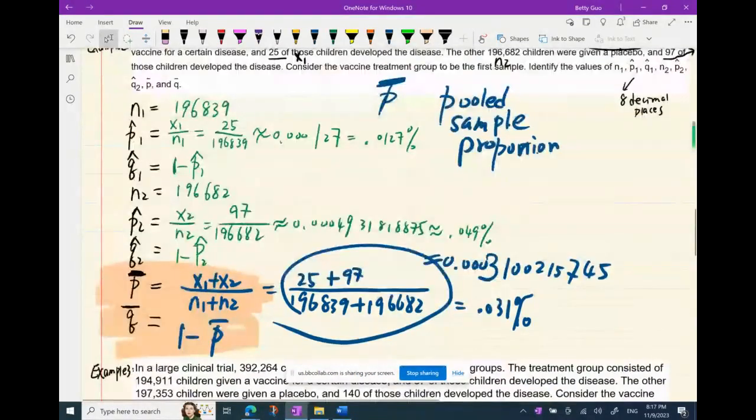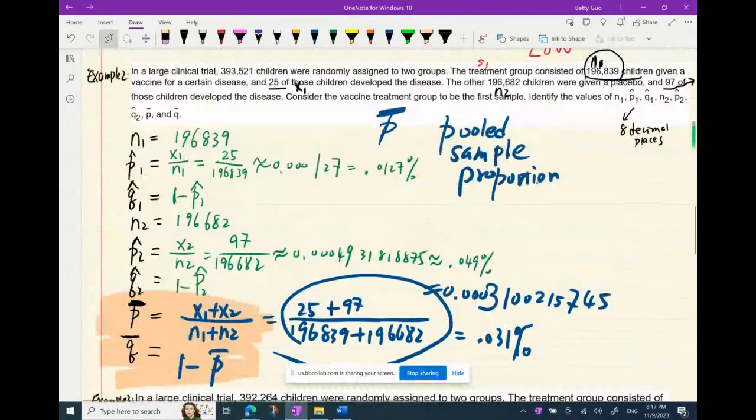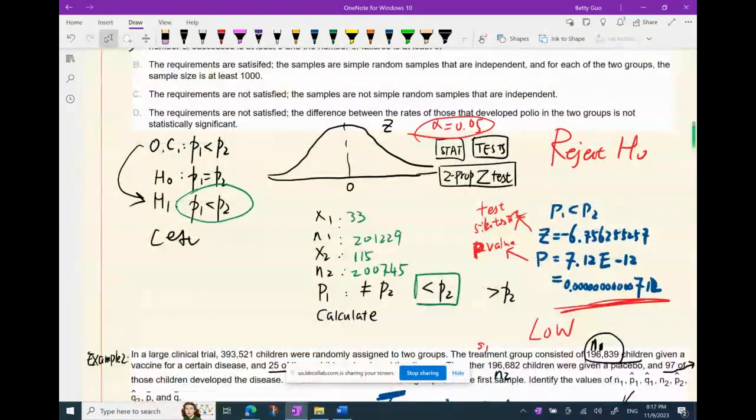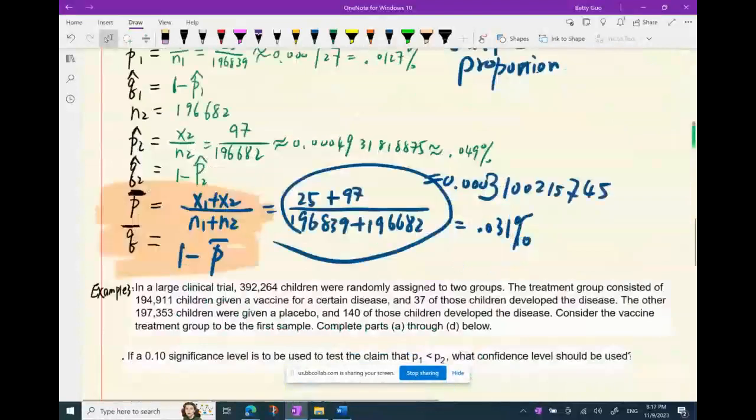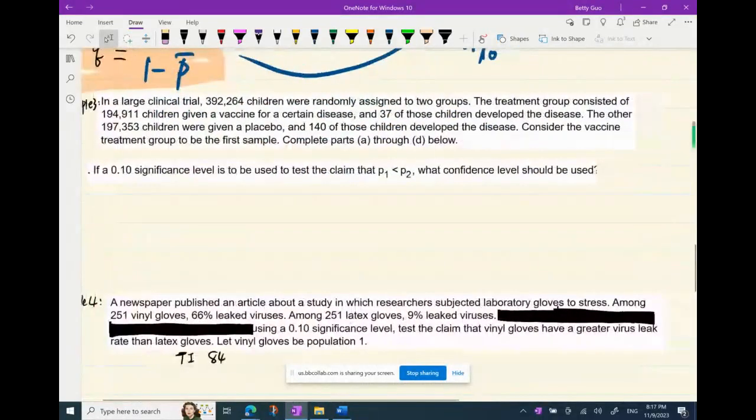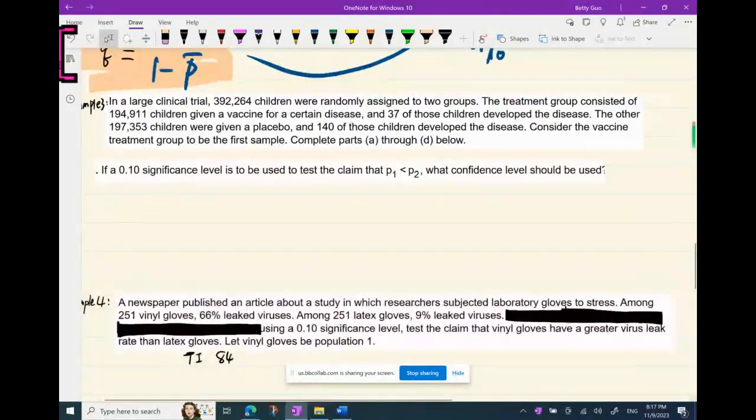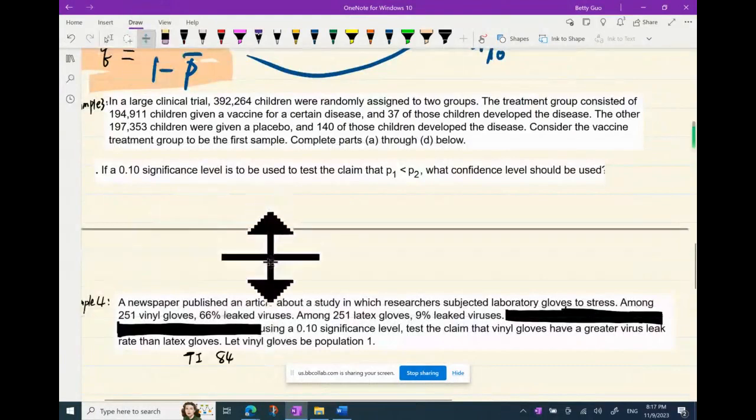The second question is mainly about notations. In the first question, we not only checked the requirements, we did more than that. We actually tested the claim. And example 3, let's see what's going on. Get more space.